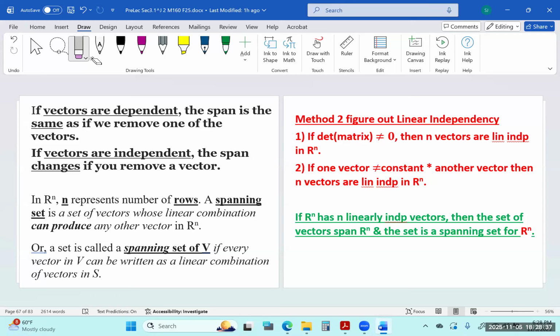So if you are in R2 with two linearly independent vectors, then the set is a spanning set. It spans the entire R2. If you have 3 linearly independent vectors in R3 space, those vectors create a spanning set. It means they span the entire R3.